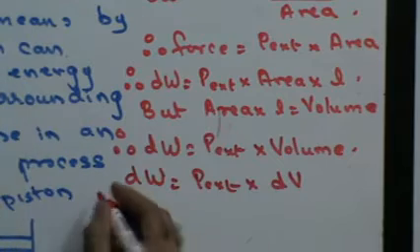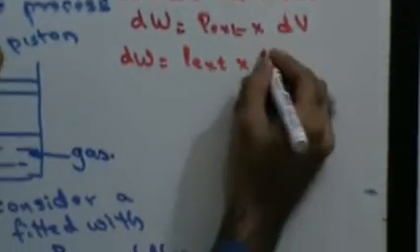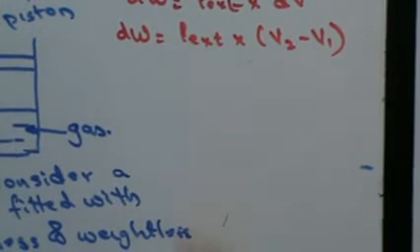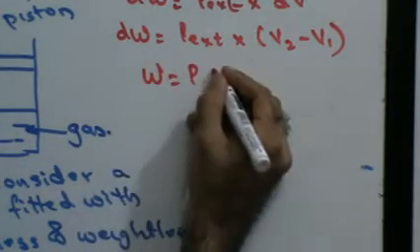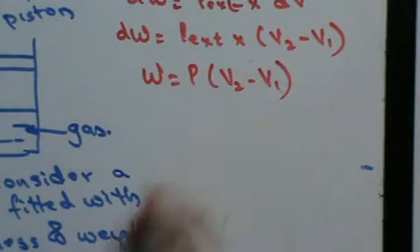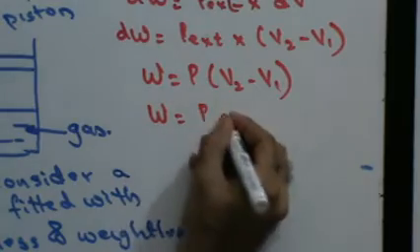The change in volume can be written as final volume minus initial volume, that is V2 minus V1, right? So I could also write this as W is equal to P (V2 minus V1). So the work done in an irreversible process is P (V2 minus V1), or it is also written as work is equal to P dV.